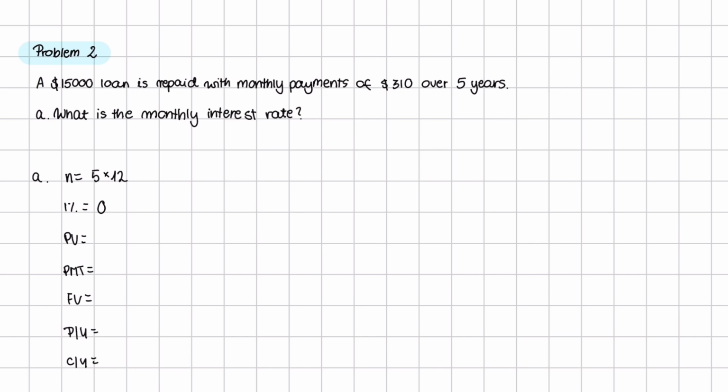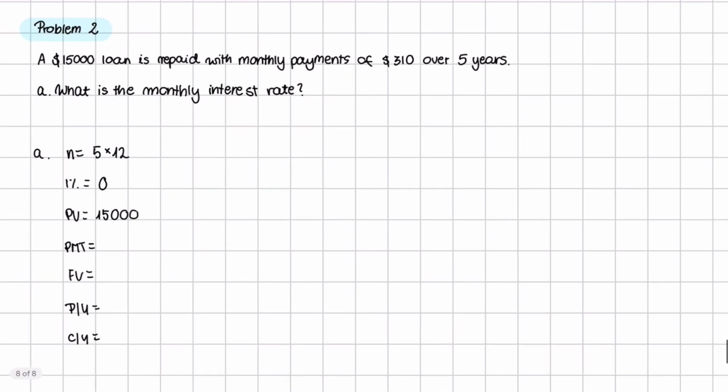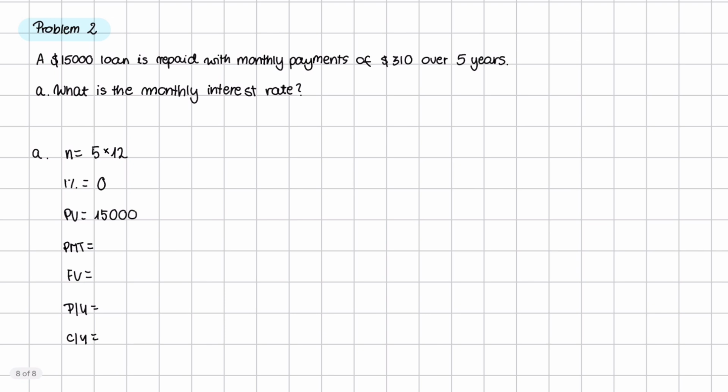Present value is 15,000, because we have a loan for 15,000, so we can leave it like this. Then we have PMT, so monthly payments, it's minus 310, and future value is 0, because we want to repay it.